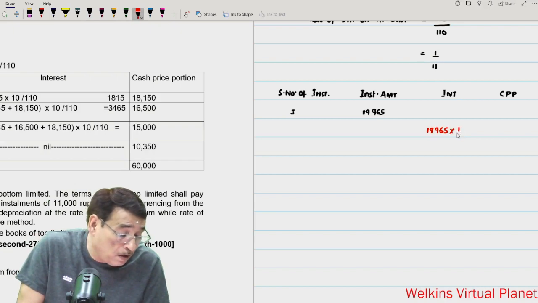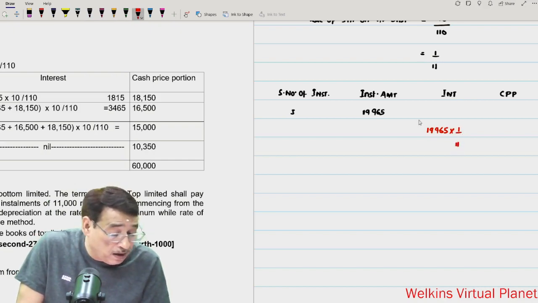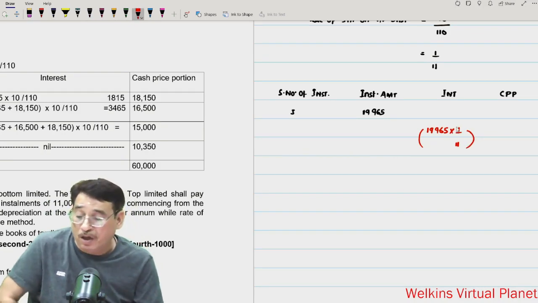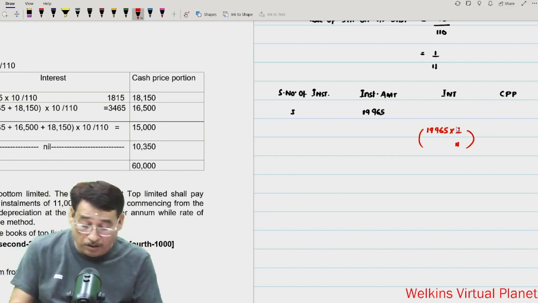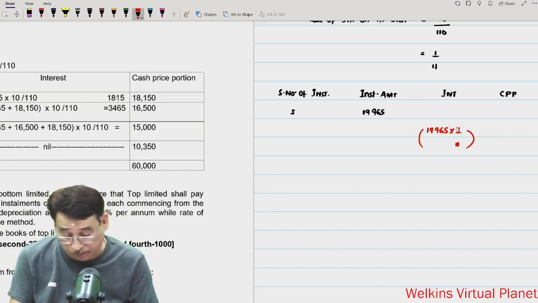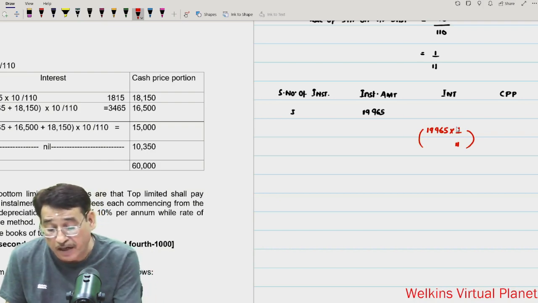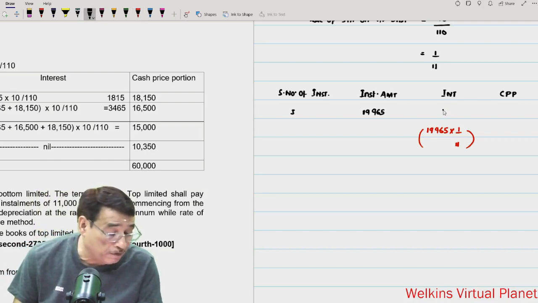That means, in this installment, your interest element will be equal to this much. If I will compute it, I will now need a calculator. It will be equal to 19,965 divided by 11. That is equal to 1815.